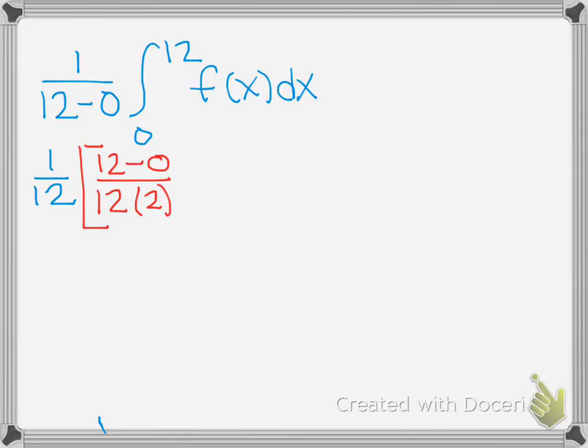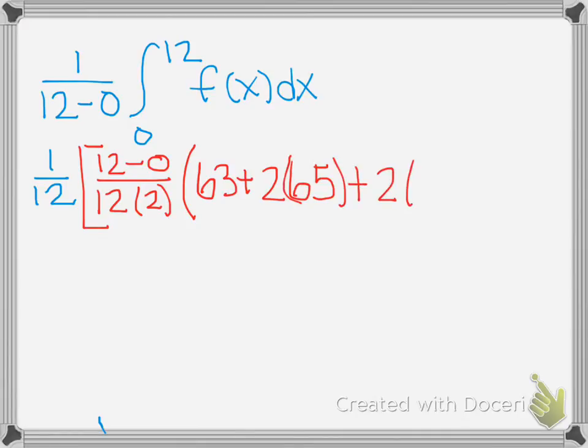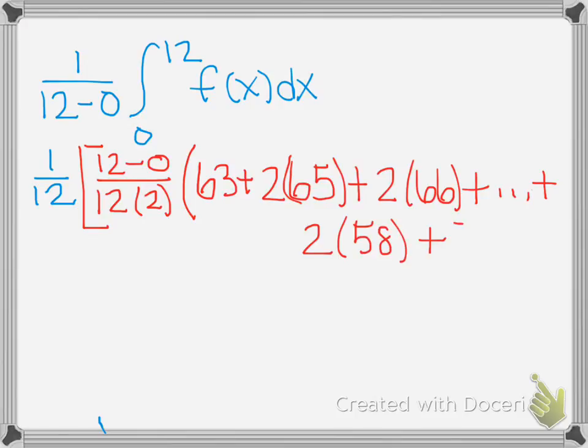So now we can continue on with big old parentheses, the first value in our table plus 2 times the second value plus 2 times the third value, and so on. Because I write ginormous, I'm just going to go all the way to the end. 2 times 58, and the last endpoint of midnight on its own there.